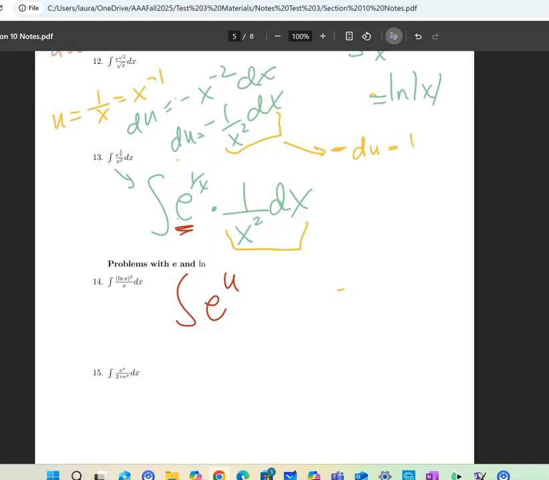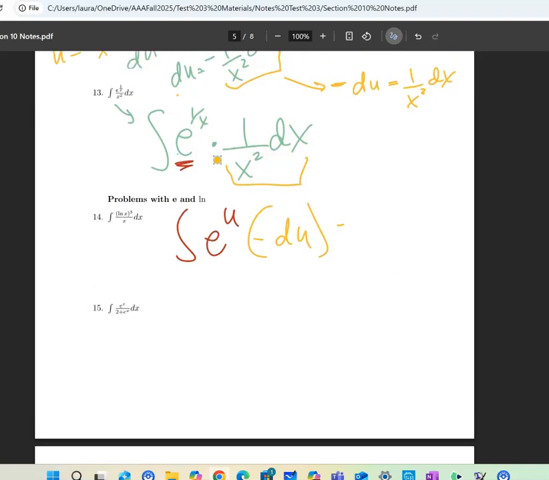So negative du is 1 over x squared dx. So I can replace this with a negative du. Be careful, you want to put parentheses there because it's multiplied. Then I can pull that negative outside, and there it is. So the antiderivative of e to the u is e to the u, and you put the u's back in: e to the 1 over x plus c.